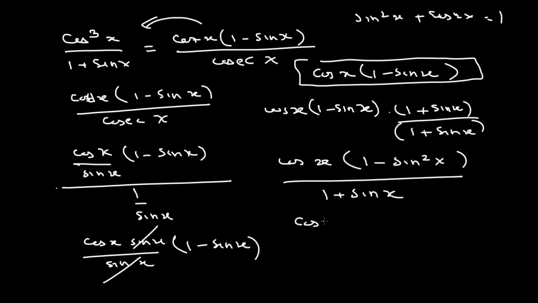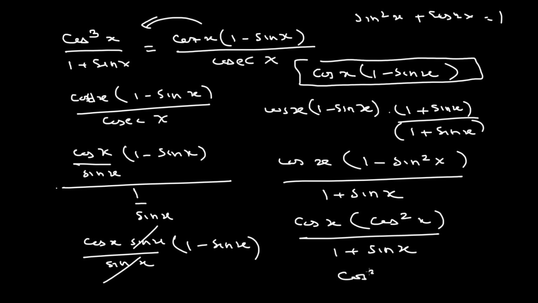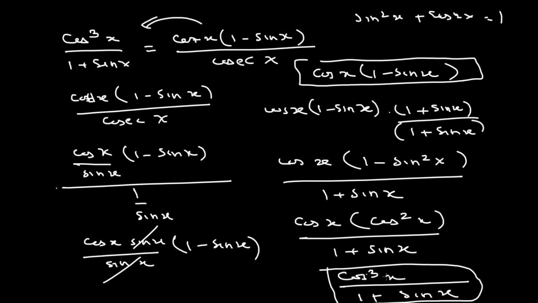So meaning that we can have cos x, and inside here we can have cos squared x, right, over 1 plus sine x. Okay, so now these can be combined together, so we can have cos squared x over 1 plus sine x. Right, so this would have given us the same situation as what we have here, meaning that we've proved from right-hand side, okay, to left-hand side.